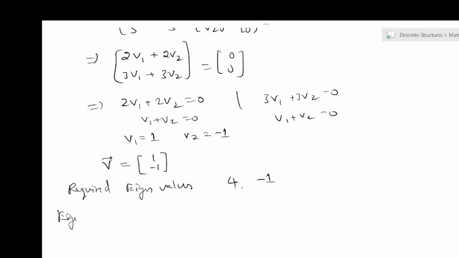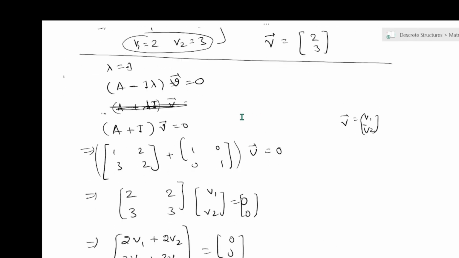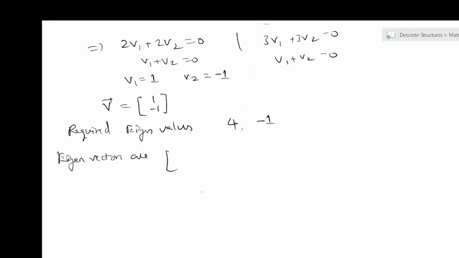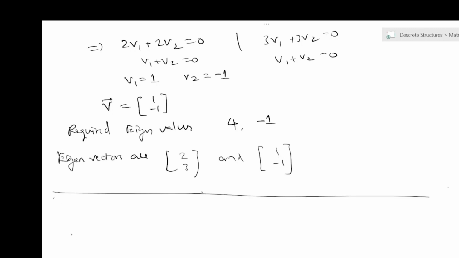The eigenvectors are (2, 3) and (1, minus 1). This is the solution for this equation.